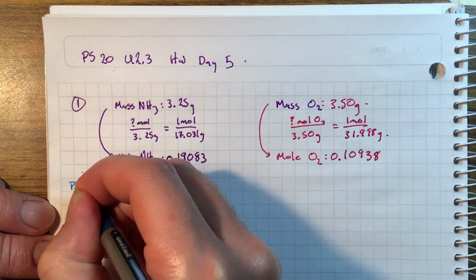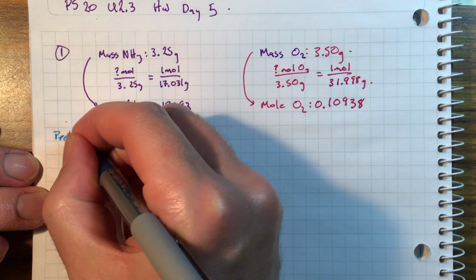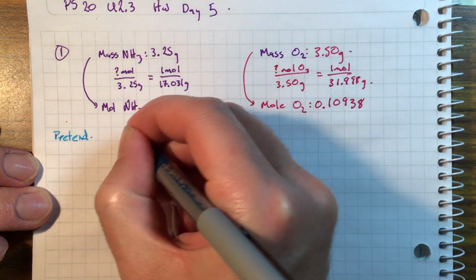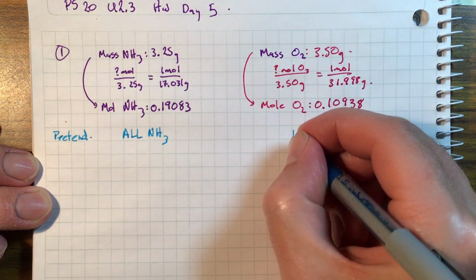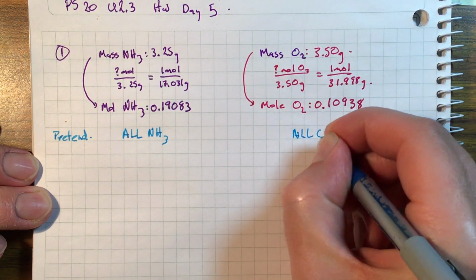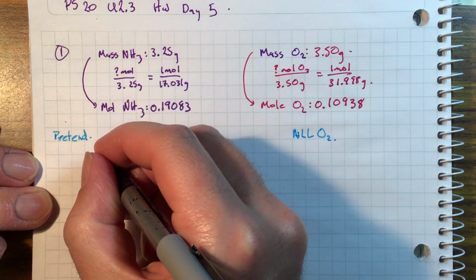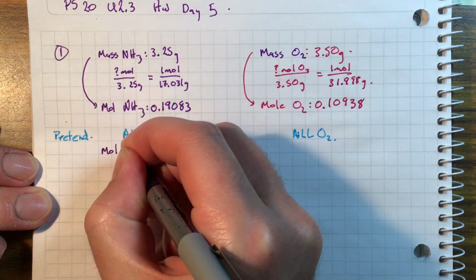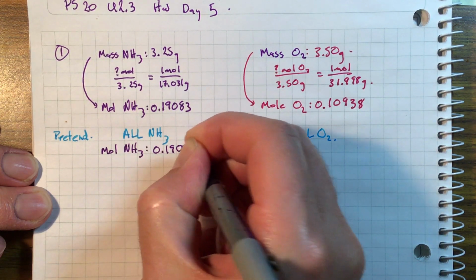We're going to do our pretend, right? These are actual amounts that we have from the question. Now we're going to do our pretend: all NH3, and over here will be all O2. So in this one, we're going to start with our moles of NH3, 0.19083.